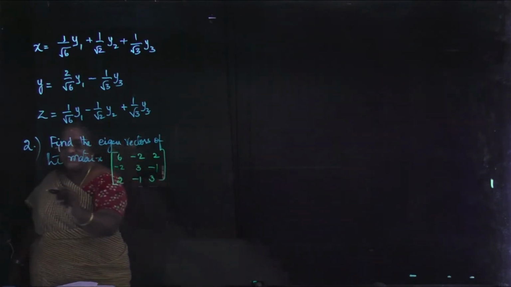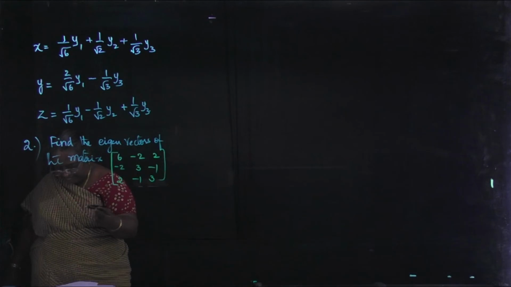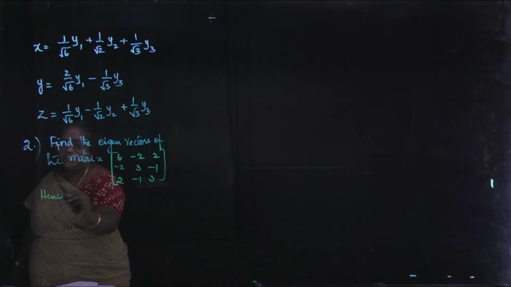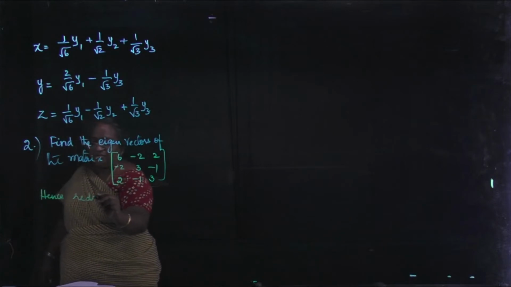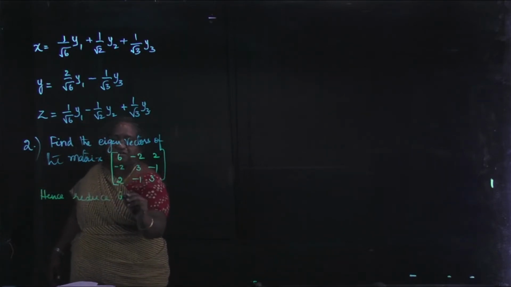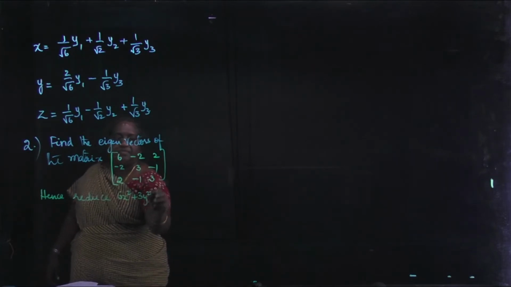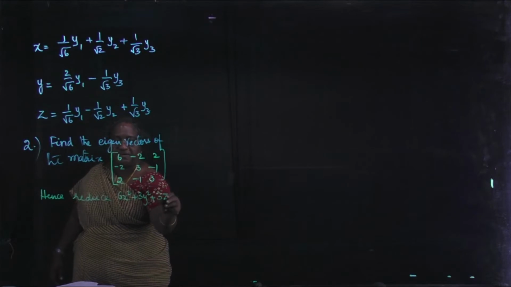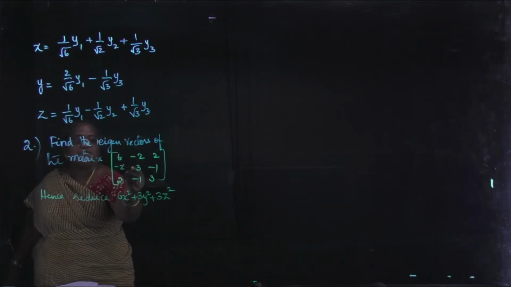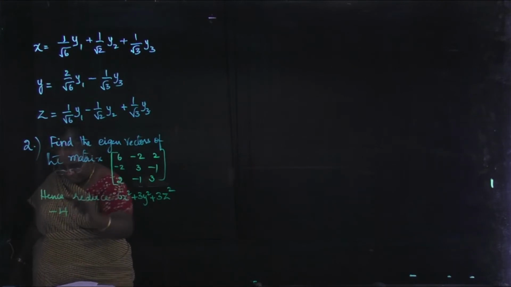And hence reduce to a sum of squares. Hence here they gave the quadratic form, hence reduce. So what is the quadratic form for this? 6 into x square plus 3 into y square plus 3 into z square minus, so here minus 2 it becomes minus 4.